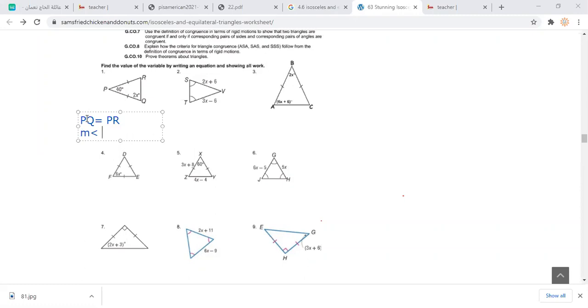Q and R. Then measure of angle Q equals measure of angle R. And each one equals how many, Yusuf?